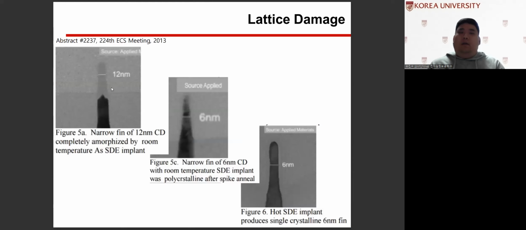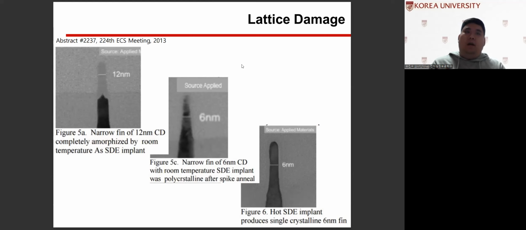Because ion implantation can destroy the crystalline structure of polysilicon, lattice damage can be made, and the semiconductor characteristics can be destroyed.